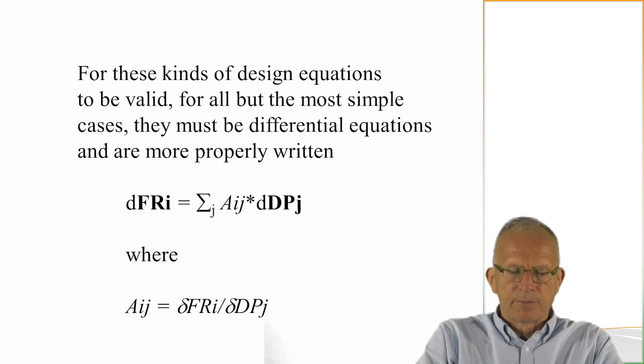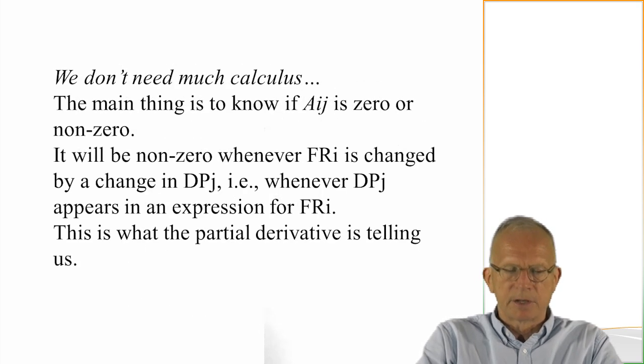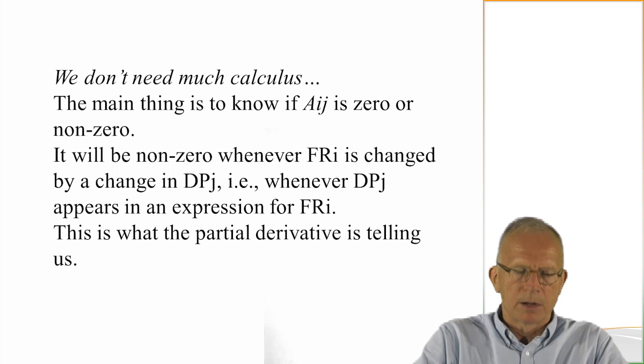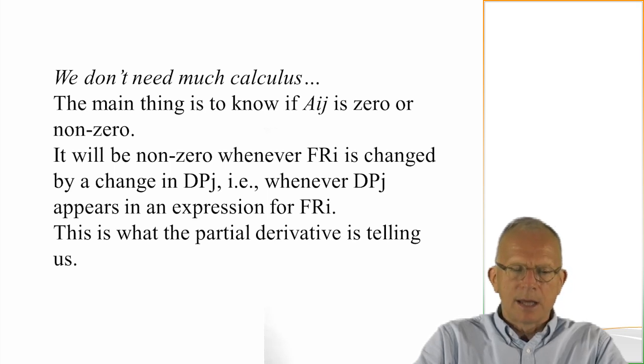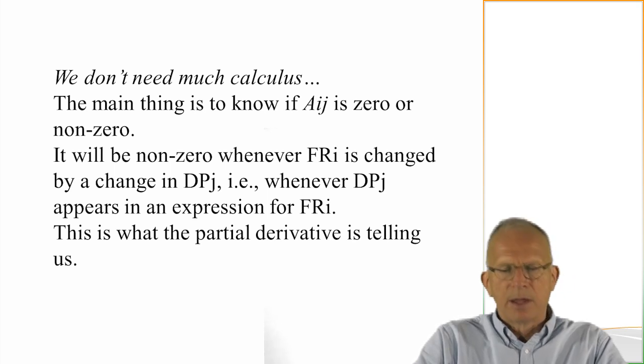So if you're uncomfortable right now with some of the partial derivatives and how it's going to work, don't worry about it. We will look at it in detail when we get to it. For right now, we really don't need any calculus. We just need to know if the element of the A matrix is 0 or non-zero.